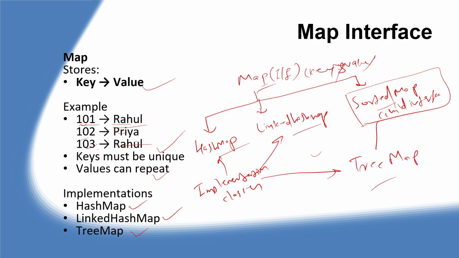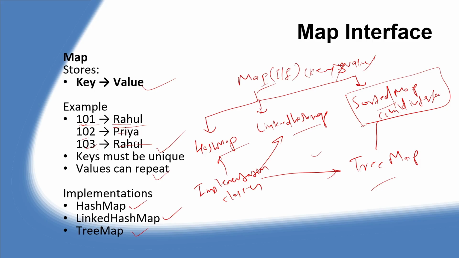Now the question comes: we have the List interface, Set interface, and Map interface. Focus on these three major ones: List, Set, and Map. So collection means List, Set, and Map. When will we use List, when will we go for Map, and when will we go for Set?